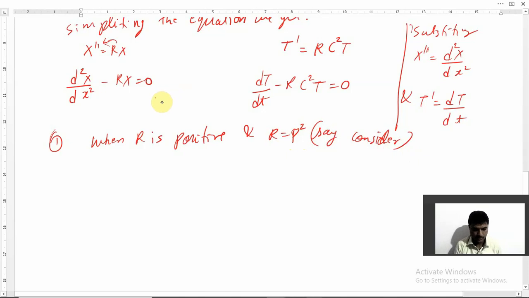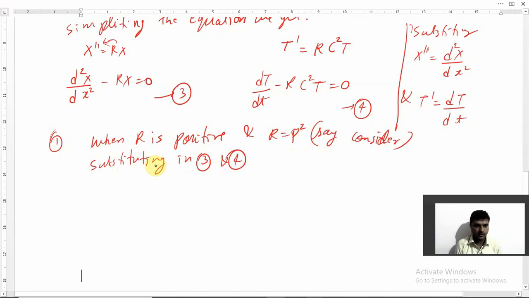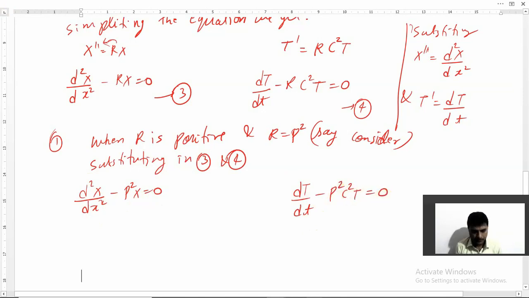These are equation number 3 and 4, and in both the equations I am going to substitute. Just substitute this in both cases. You will get d square x upon dx square minus p square x is equal to 0. Similarly here I will get dt upon dt minus p square c square t is equal to 0.